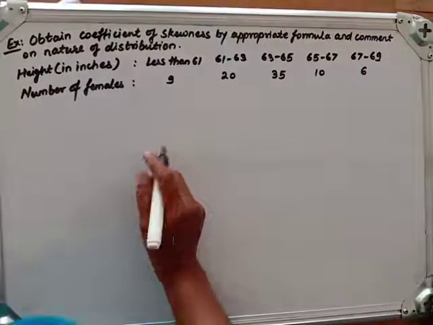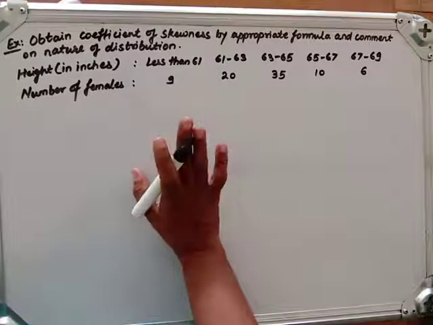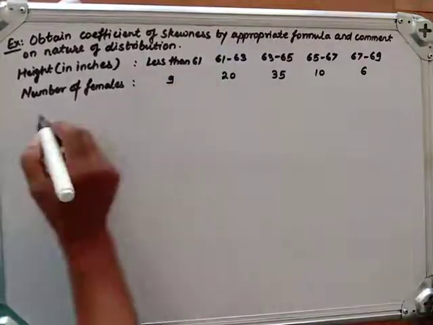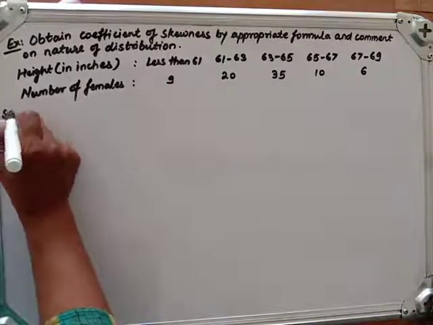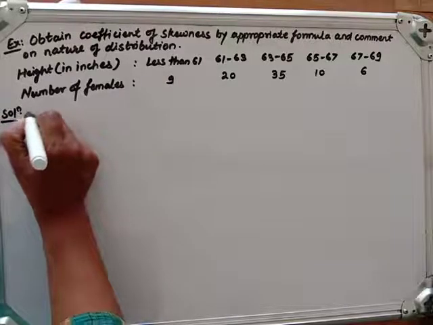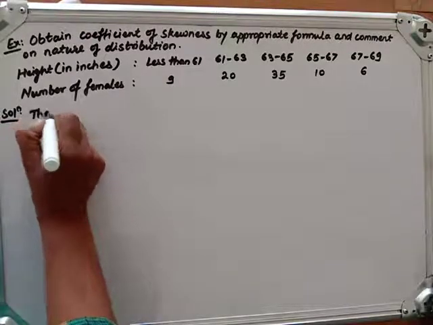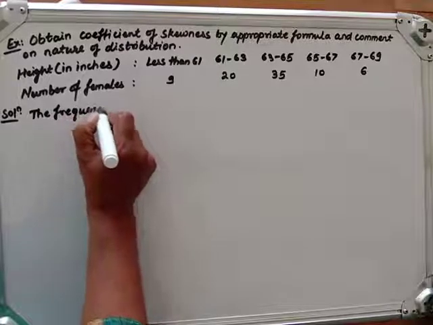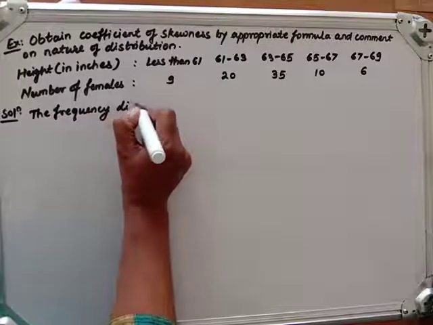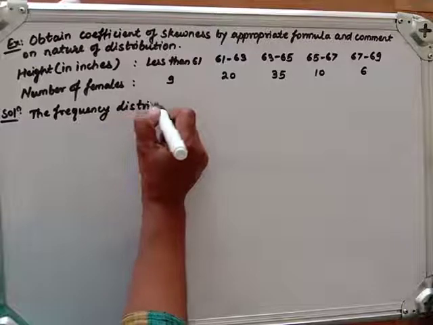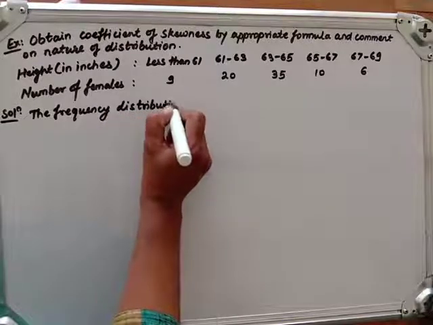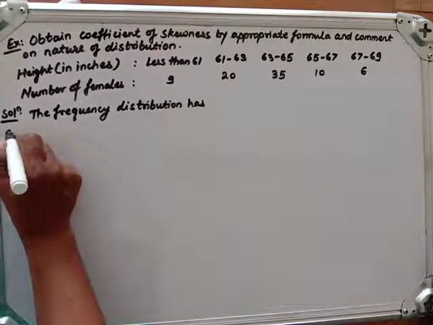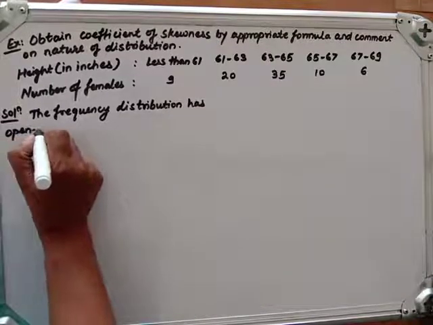So now let us go for Bowley's coefficient of skewness, because it is open-end class. Solution. The frequency distribution has open-end class.